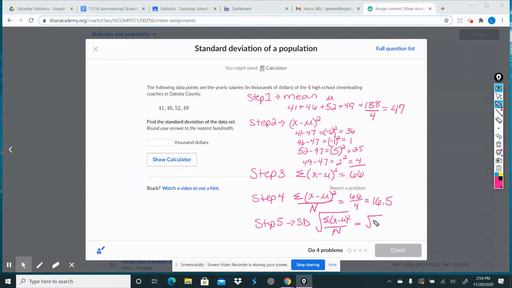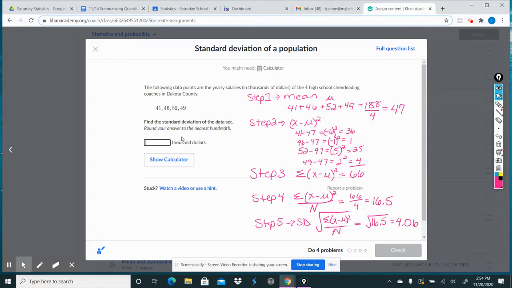We take the square root of 16.5, which ends up being, I think, 4.062. So 4.06 is our answer. This is our standard deviation for our data values of the 4 high school cheerleading coaches in Dakota County. We have 4.06.